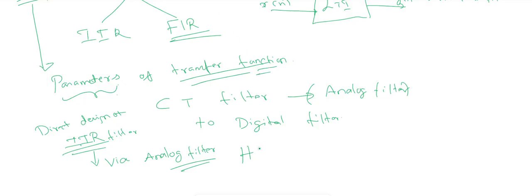The analog filter transfer function is denoted by H of S. The analog filter is transformed to a digital filter H of Z, designed to satisfy our condition.